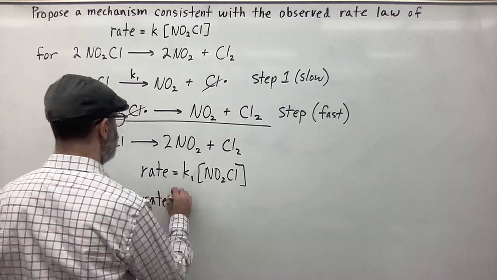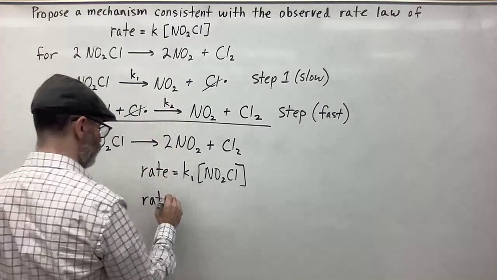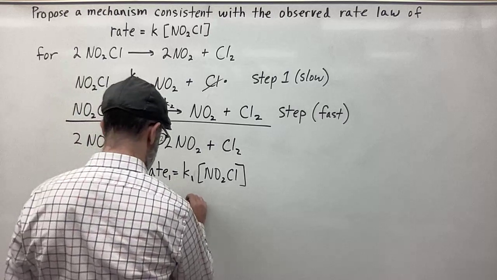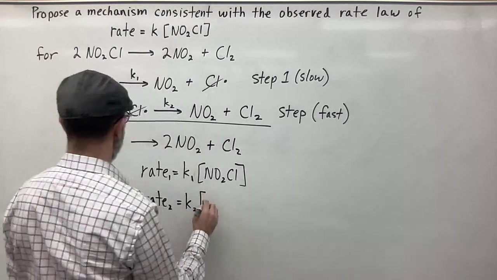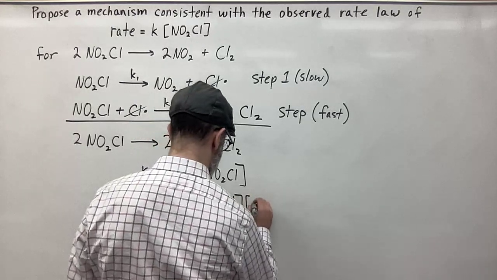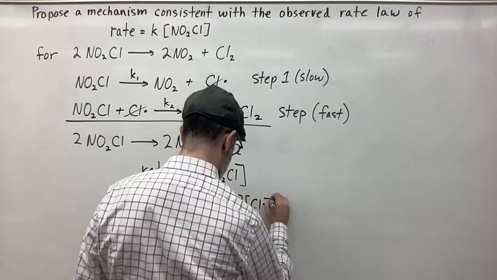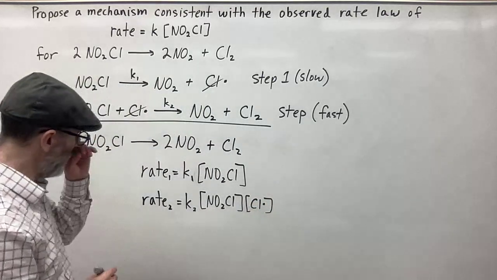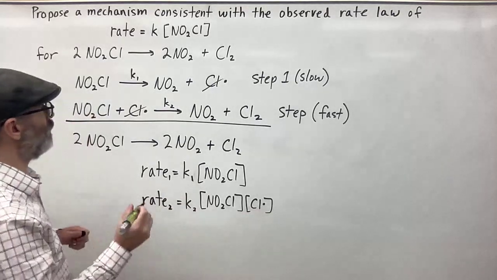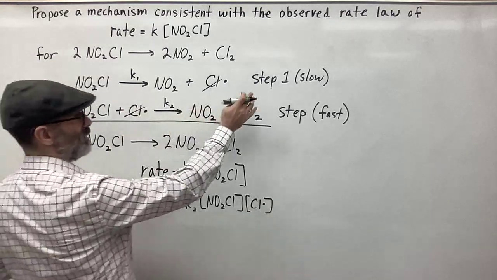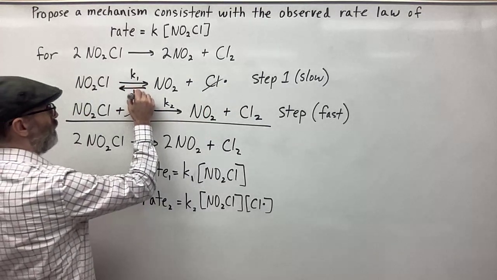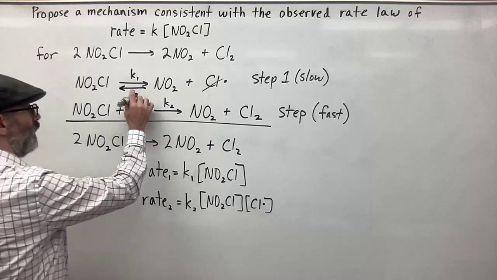The rate of 2 would equal k2 times the concentration of NO2Cl, and then we'd have to multiply that by the concentration of Cl radical, right? So then we would have this intermediate in there. We would need to get rid of the intermediate. And to do that, we could say, okay, let's say this is the fast step, and let's say it's an equilibrium fast step, right? So we have a k minus 1.